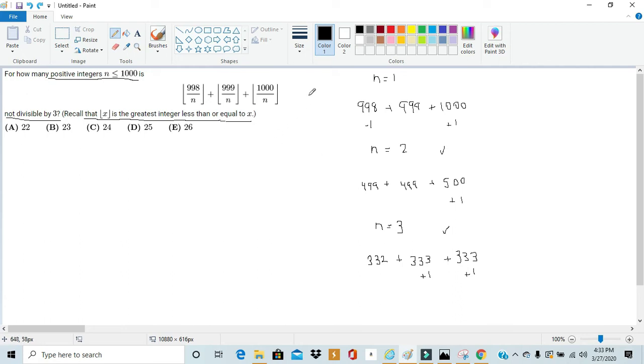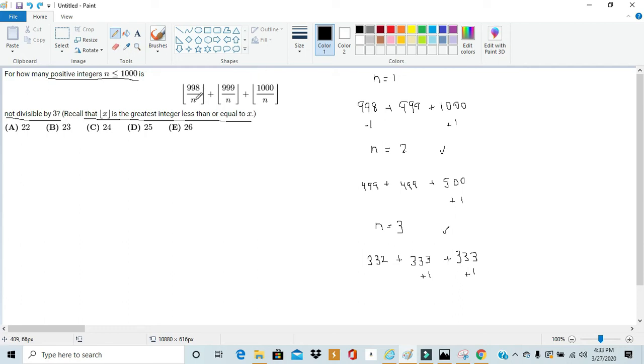If n is any number greater than 3, which we only need to care about because we've already tested the first three cases, then if n goes into one of these numbers, it won't go into the other two because they would cycle in patterns greater than 3.